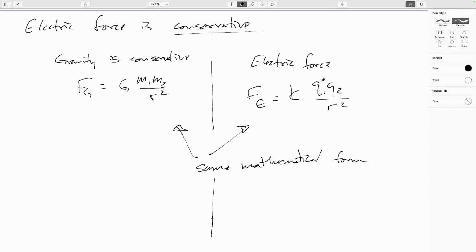In the case of the electric force, it depends on the charges of the two players involved. And it's just the square of the separation. And the forces are directed along lines that connect the two objects involved.